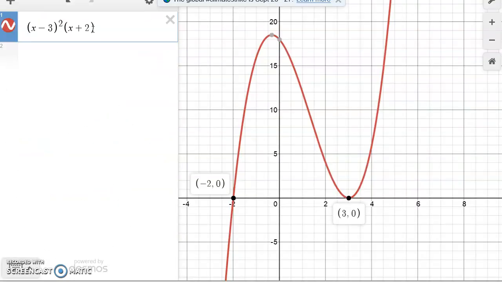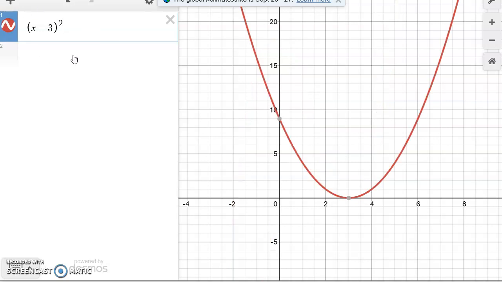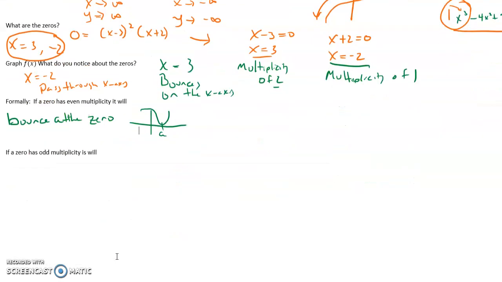If I graph x minus 3 squared, you can see there are two factors of x minus 3. This heads down, it gets to 3, and then rather than passing through, it bounces back up. Zeros that have odd multiplicity will pass through the x-axis. So again, we saw that with that graph of x plus 2.